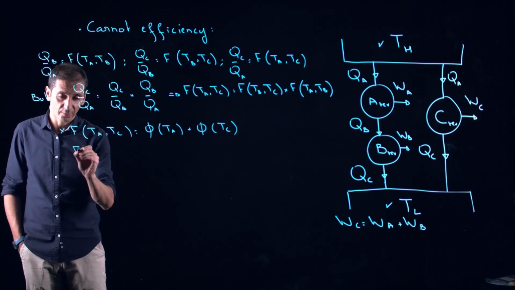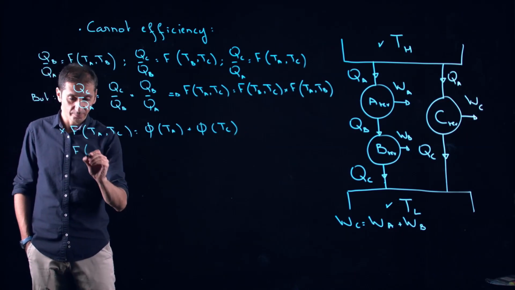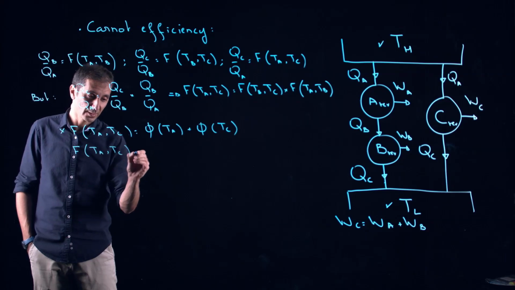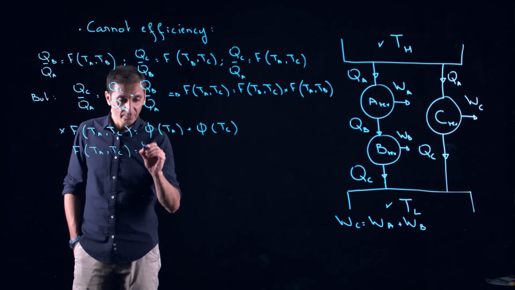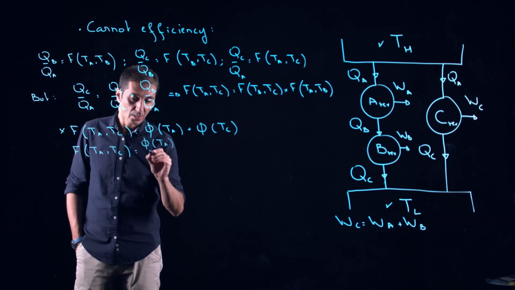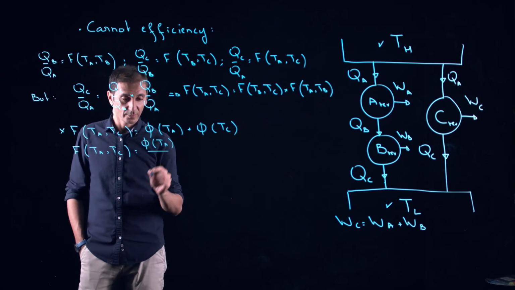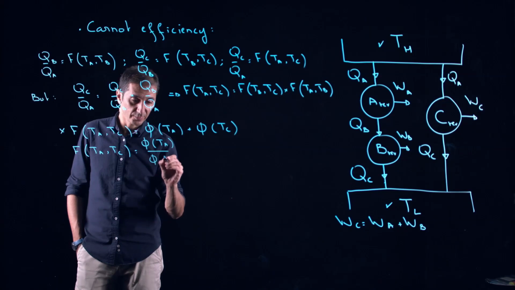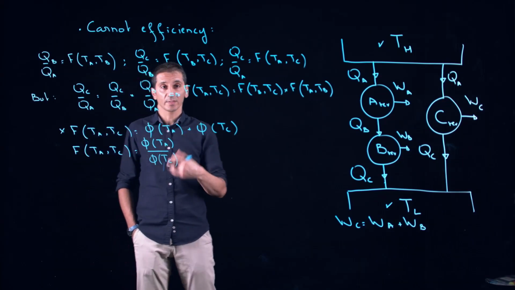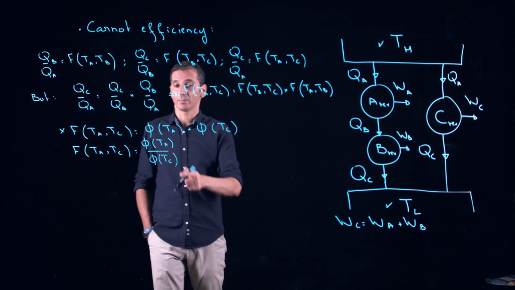However, if I define a function like f of TA, TC is equal to phi of TA over phi of TC. So now this works, all right? Because then I will be multiplying.